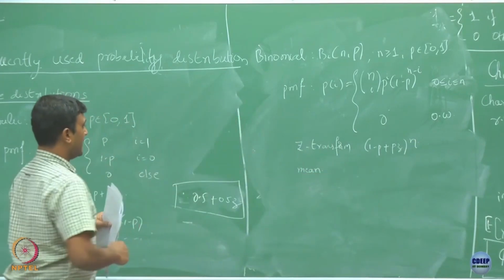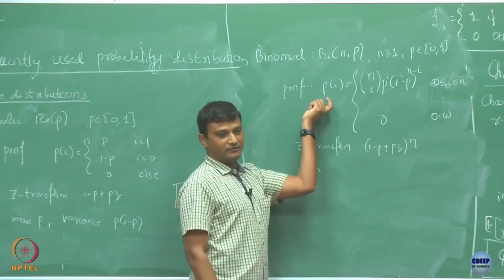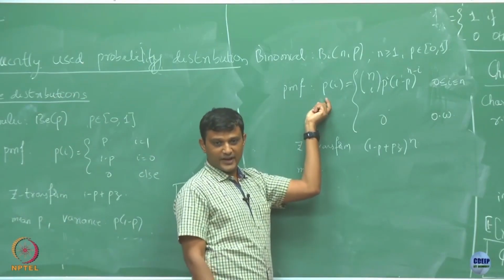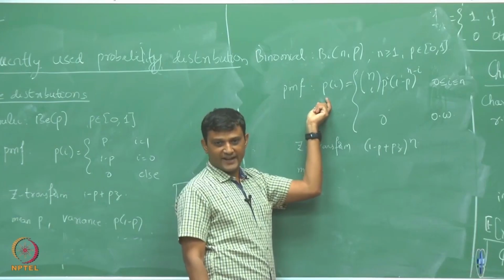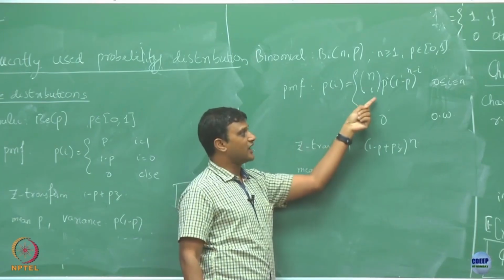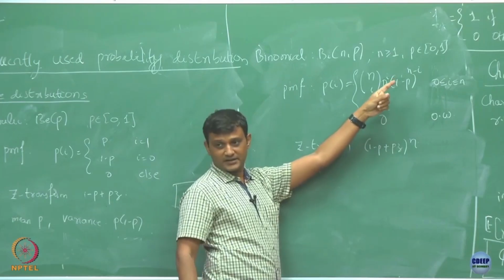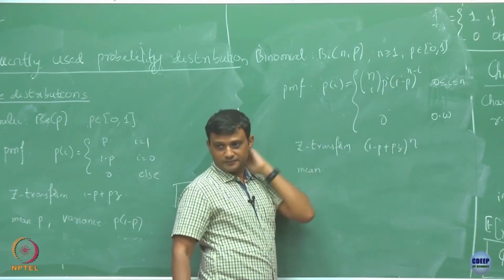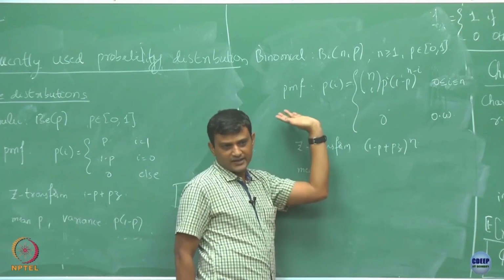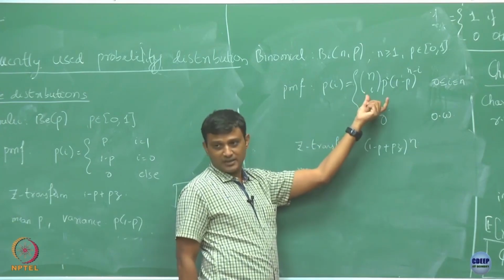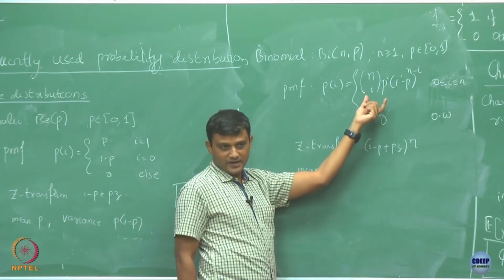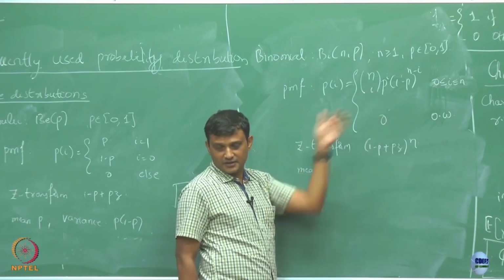Suppose I have a PMF where the probability that it takes value i is n choose i, p to the power i, (1 minus p) to the power n minus i, and any other value is 0. You can verify that this will all sum to 1, so this is a valid probability mass function.